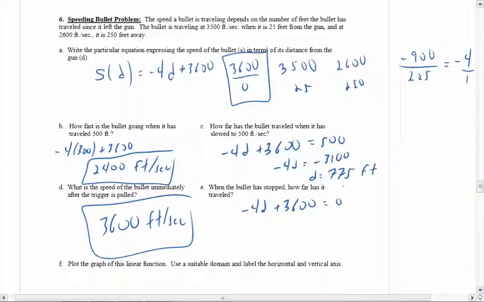Solving for this, I'm setting the speed equal to 0, so you're going to get negative 3600 equals negative 4d. If I divide that by 4, I believe you're going to get 900. So essentially at a distance of 900 feet, this bullet has stopped. That's what this is saying.